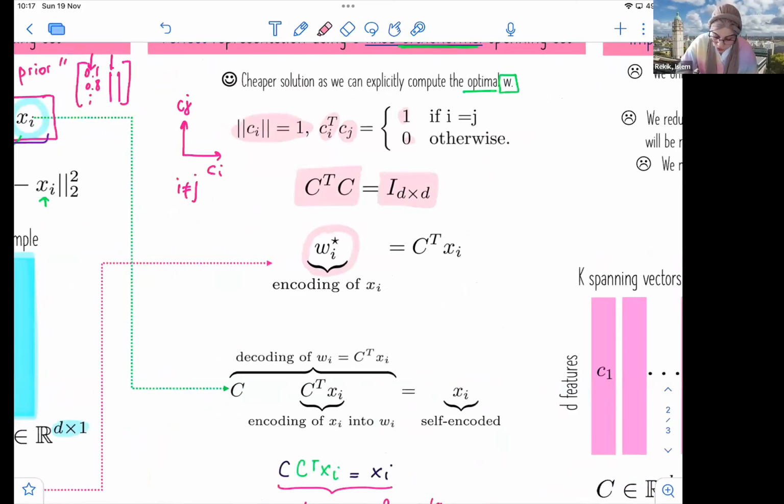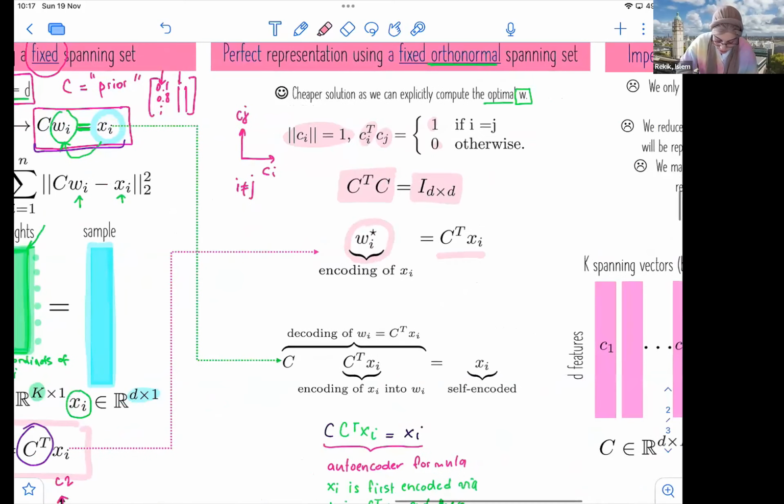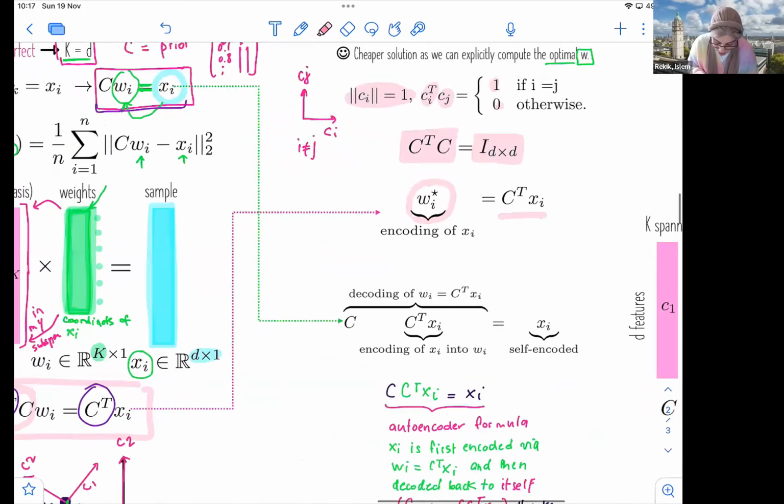So Wi star is actually C transpose xi, just by substituting this orthogonality condition, this constraint that we added to our spanning set.